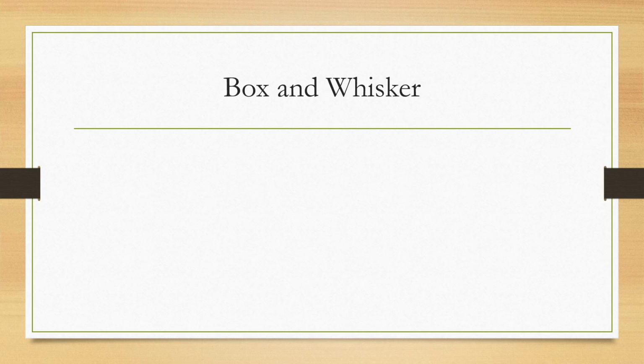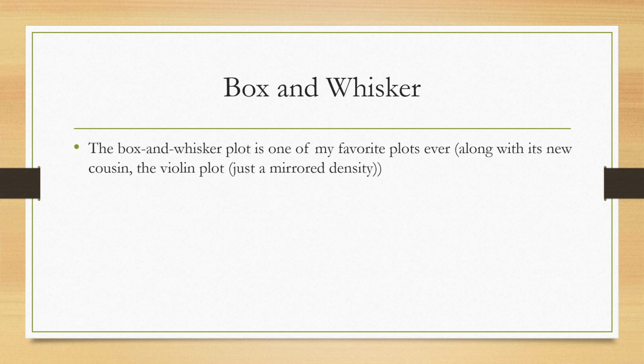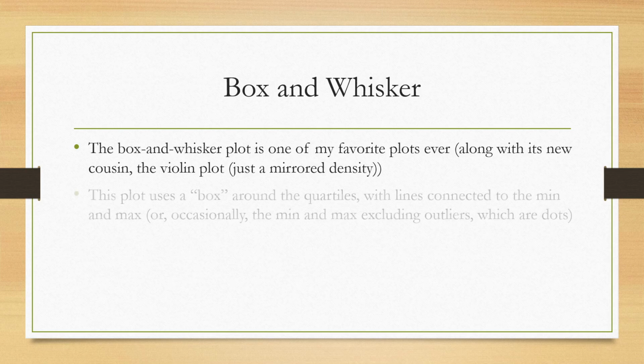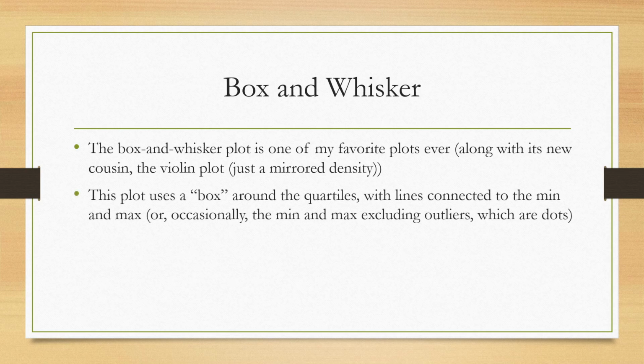All right, the box and whisker plot. Now, this surprises a lot of my students because I talk about this in our most introductory of stats classes. But the box and whisker plot is one of my favorite plots ever, along with its new cousin called the violin plot, which is just a mirrored density plot. But this is a fantastic graphical tool.